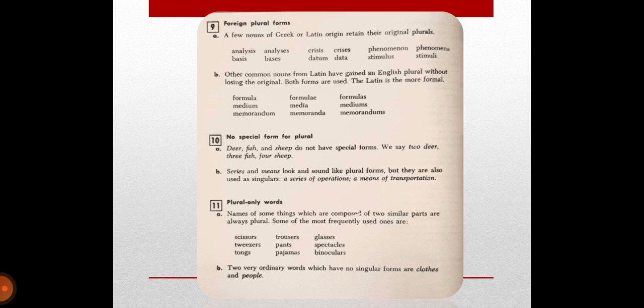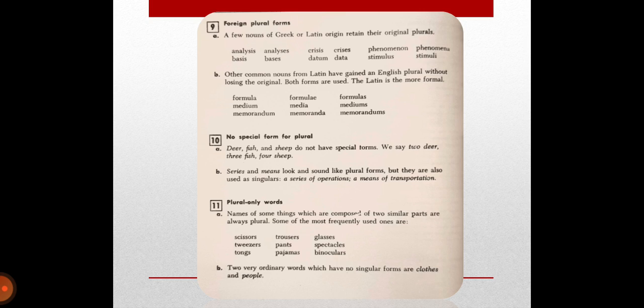All these have their singular and plural forms taken from Greek or Latin. Other common nouns from Latin are borrowed, but they have both a Latin plural form and a regular plural form by adding s, as in formula, formulae, formulas. So we have two forms of plural. We need to pay attention to that.